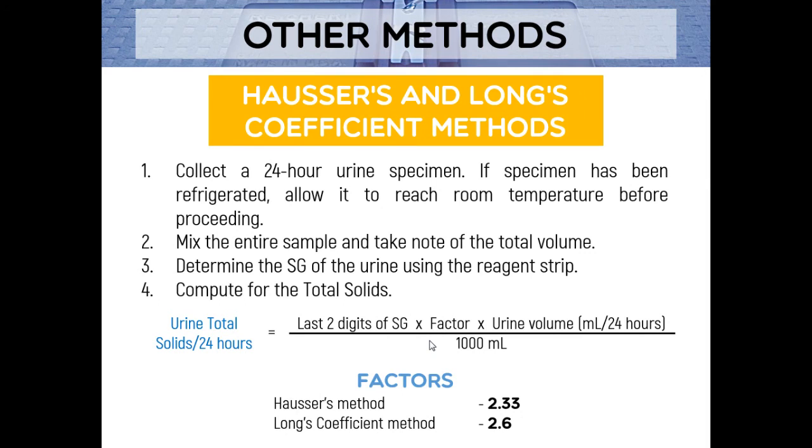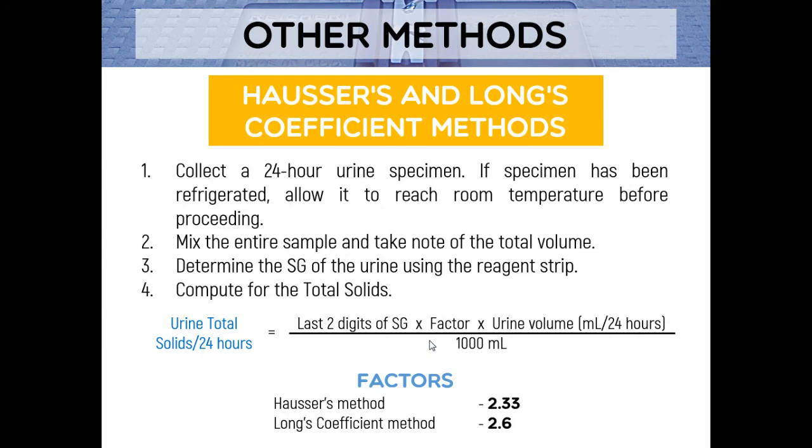But I think, personally, in my understanding, the reason they use the SG is that it's part of their method. It was their way of testing, included in their attempt to prove that the SG can be used to estimate the total solids. Okay? So again, this is not an established reason.